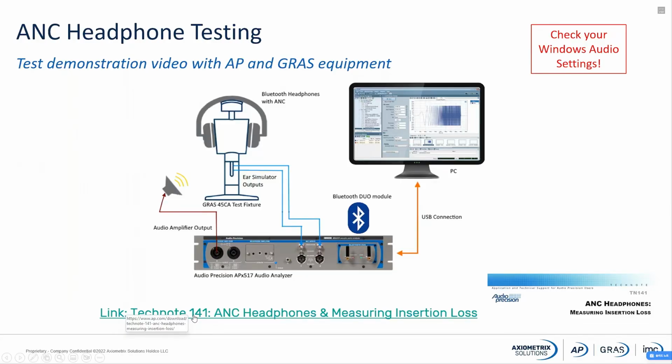That means using the same noise signal in the same test environment and using the same type of test fixture with the same type of ear simulators, for example. If everything is the same, but we use a test fixture that has different ear simulators, then we can't really compare those results, because the two different ear simulators might have a different way of acoustically loading the device under test, or they might have a different frequency response.